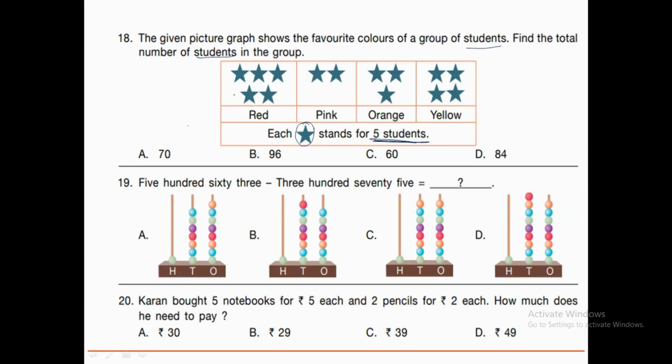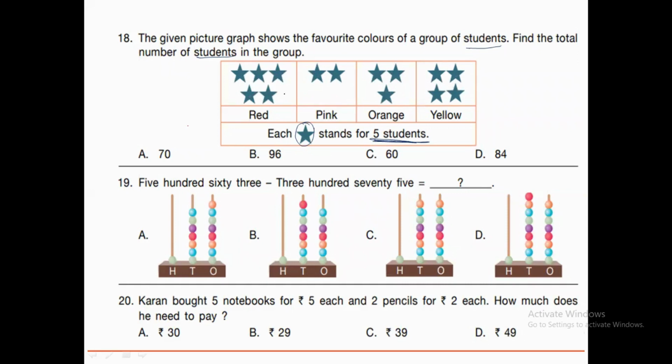So how many stars are there for red? 1, 2, 3, 4, 5. How many for pink? 2. Then how many stars are given for orange? That is 3. And for yellow, that is 4.